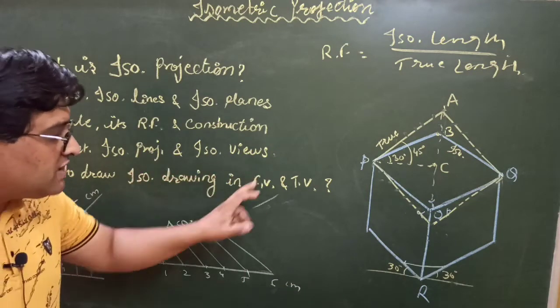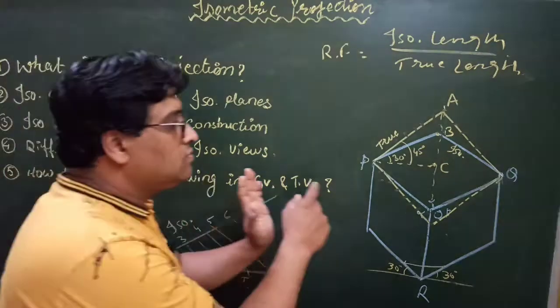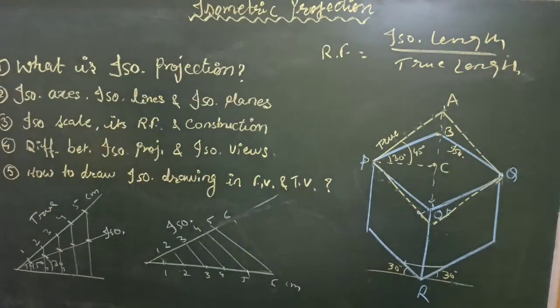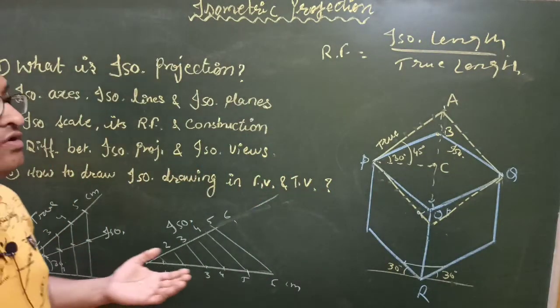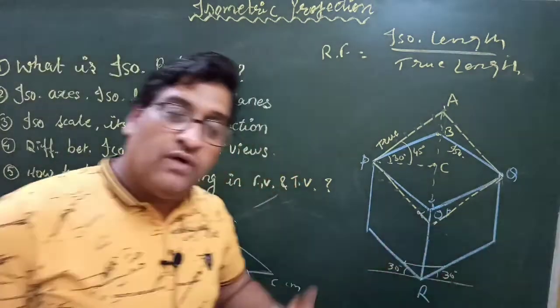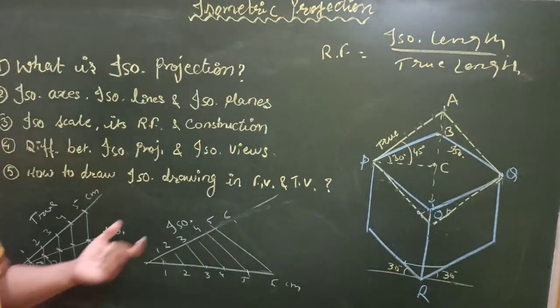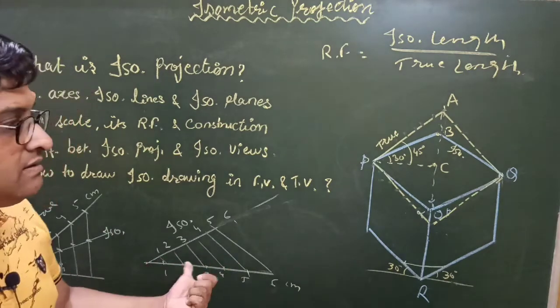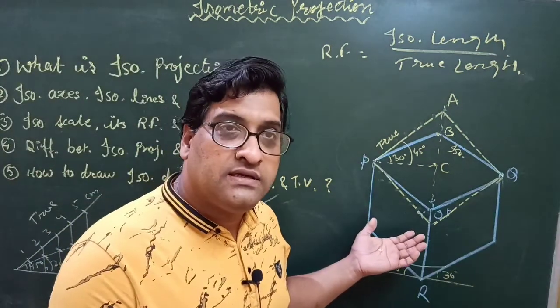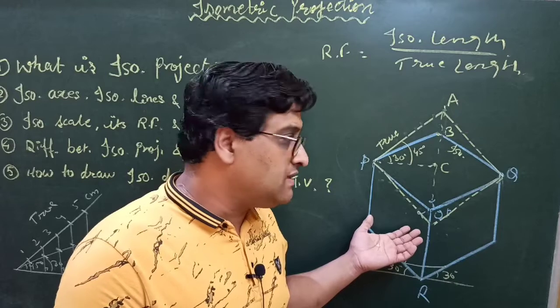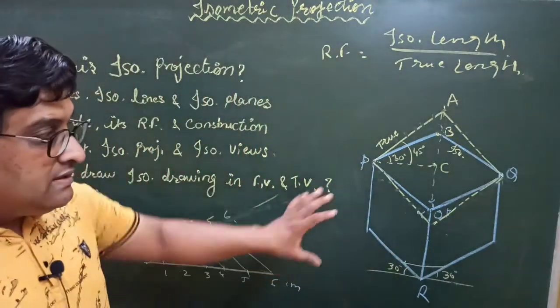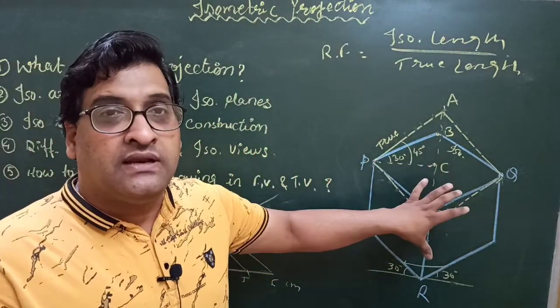When we do not use isometric scales and draw directly without reducing the dimensions, that is called isometric views. Why do we do so? Because if we don't use the scale, the diagram will be a little bit larger, nearly 22.5% of the actual one, but the shape will be exactly similar.